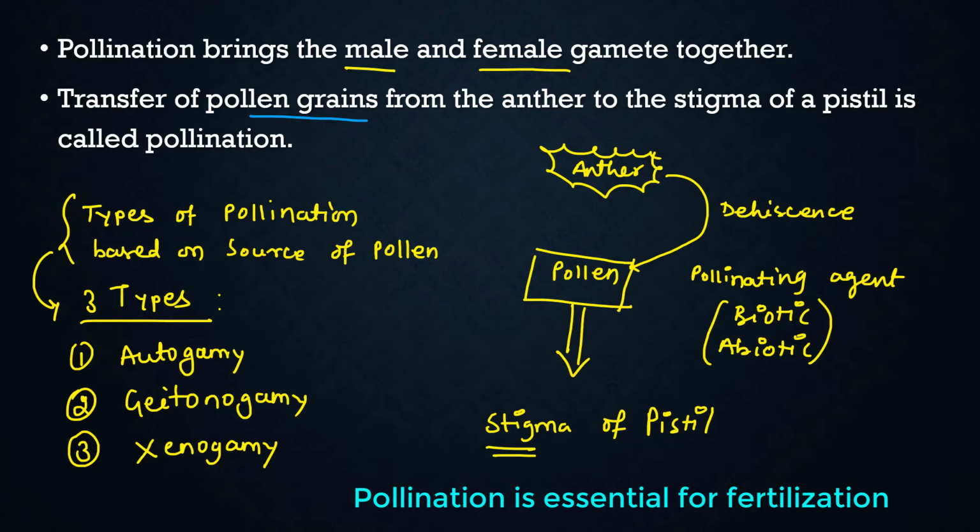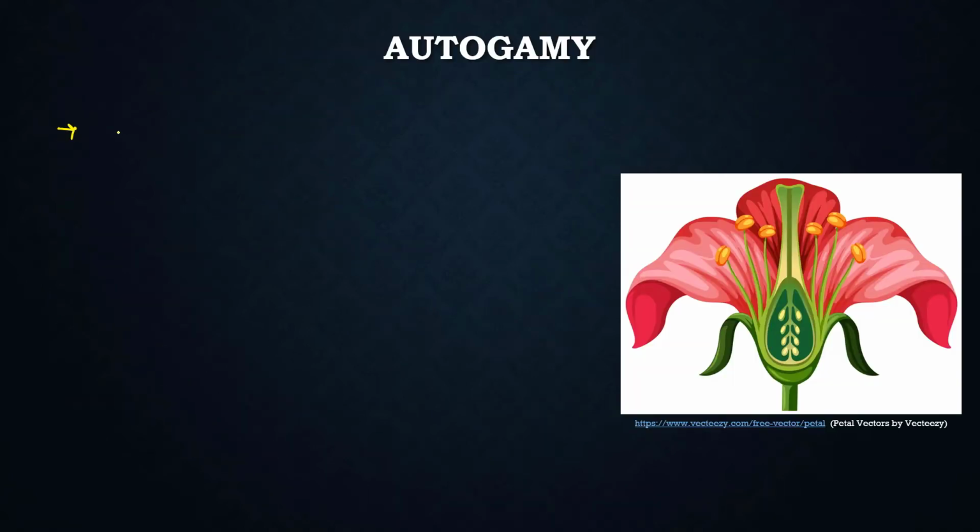Now I'm sure you have all heard of something called self and cross pollination. These are nothing but self and cross pollination, but we're going to learn in terms of these three different terms. The first thing to keep in mind when we talk about autogamy is the involvement of only one flower.